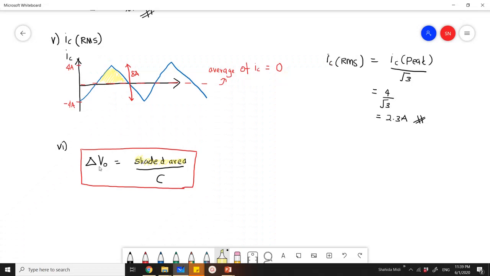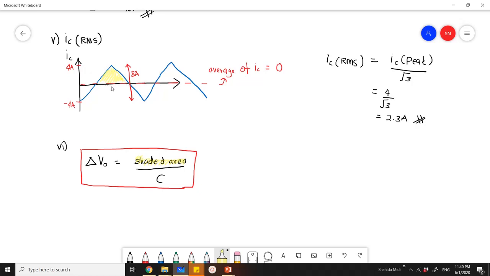Now we are going to find the area of this shaded triangle, so we need to know the height, which we already got here, and then also the width of this one.